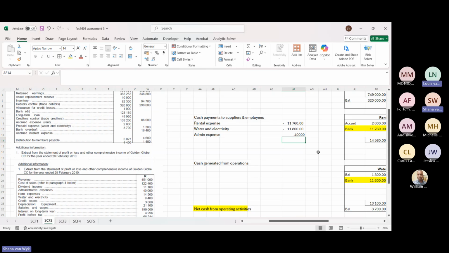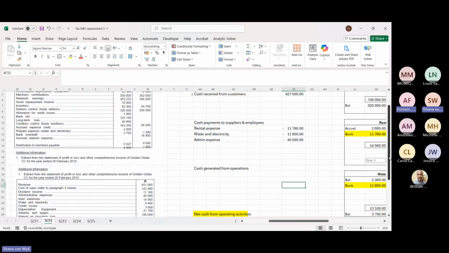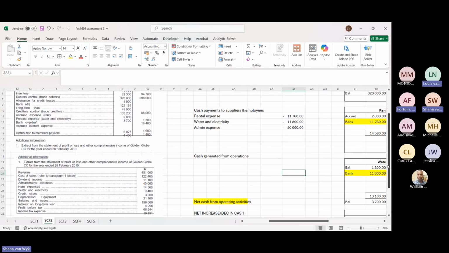Okay, admin expense. Next, credit losses, depreciation. It's direct method. Salaries and wages. I don't think there's anything else, Shauna. Shauna wants the T account for interest. Okay, let's go to interest.